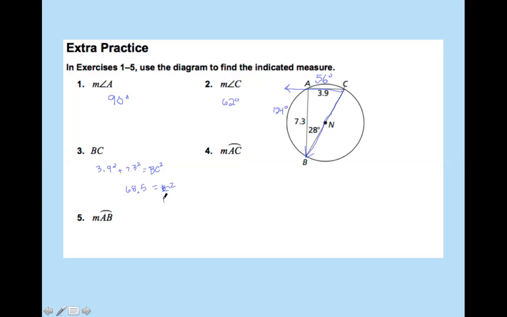So then BC is going to be the square root of 68.5, and I get that BC is about 8.3.